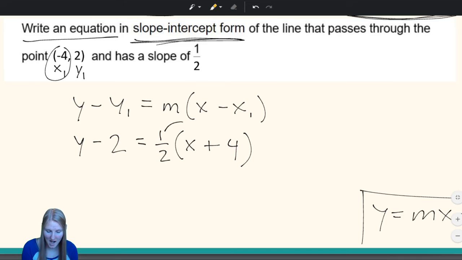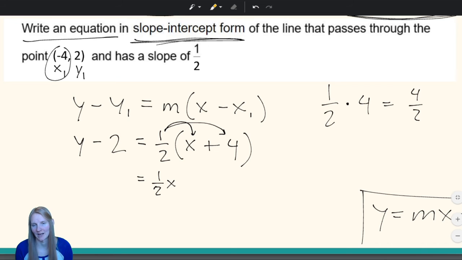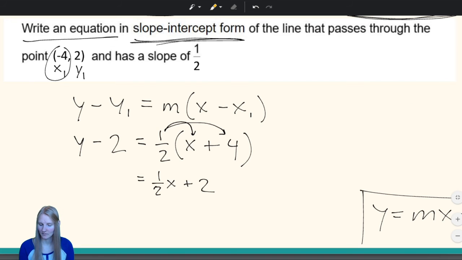I'm going to do 1/2 times x. Well, that's 1/2 x, just like 2 times x is 2x. And 1/2 times 4 is the same thing as 4 divided by 2, which is 2. Okay, and we have y minus 2 equals 1/2 x plus 2.